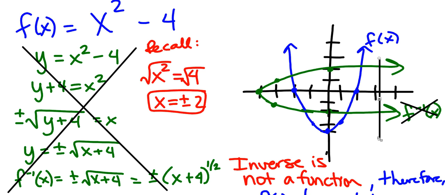Well, remember that our x's and y's are flipped. So if this vertical graph, if I flipped it on the line y equals x, wouldn't it become a horizontal line test? So if I look at a function and I try the horizontal line test and it fails, then I already know that I won't have an inverse. So here is that written out.